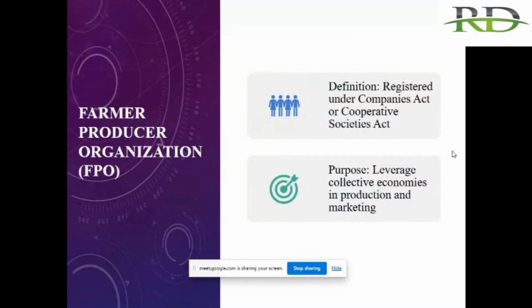A farmer producer organization is a kind of organization where farmers are the members. It may be agriculture, it may be non-agriculture. For example, if you go to Maharashtra, the Nasik area, onion and garlic production is very high. It is one of the largest producers of onion and garlic. So their farmers produce a very large quantity.